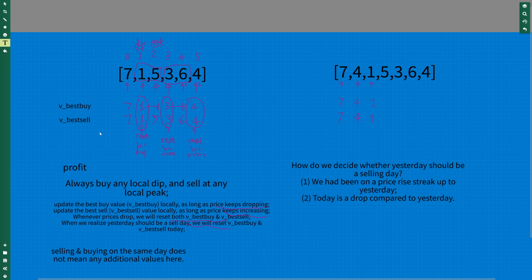So the profit array, in day 0, this is gonna be 0, and then reset, right? We don't know any profit yet, 0. On this day, we don't know if we had any profit yet, but now because we know that yesterday should be a selling date, we know that's the profit.